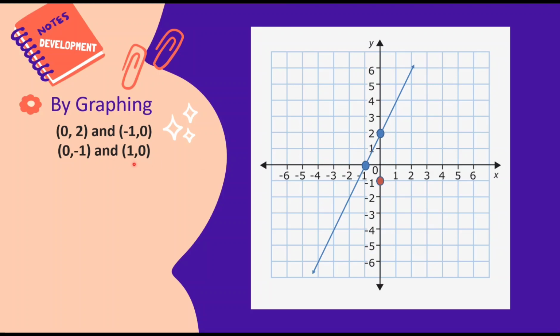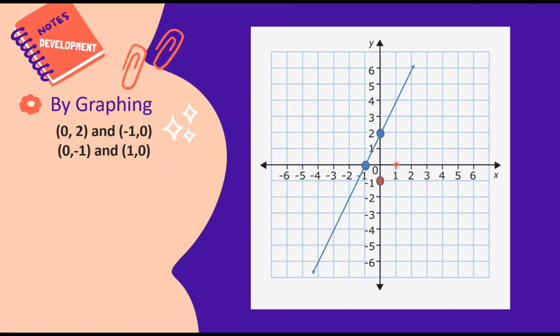And then we have 1 and 0. 1 and 0 from the origin. Tayo po ba ay going to the right or going to the left? Okay, so that is correct. We need to go to the right since our x coordinate is positive. So, tayo ay mag-move ng 1 unit. Okay. So, from here, ang ating y coordinate ay 0.